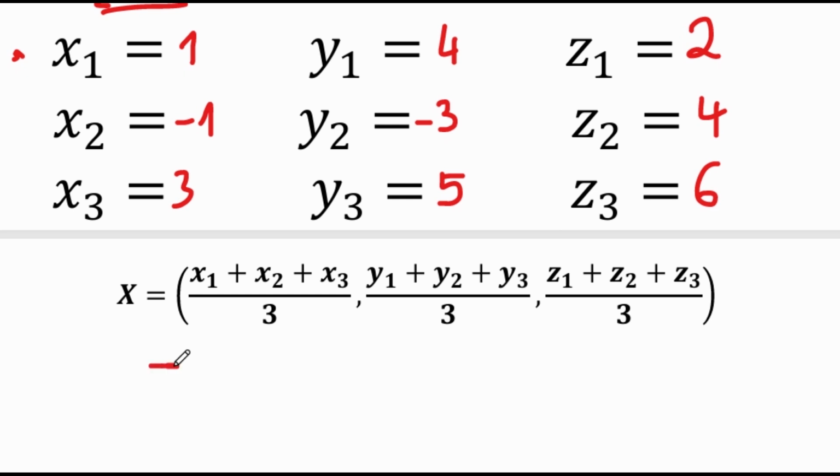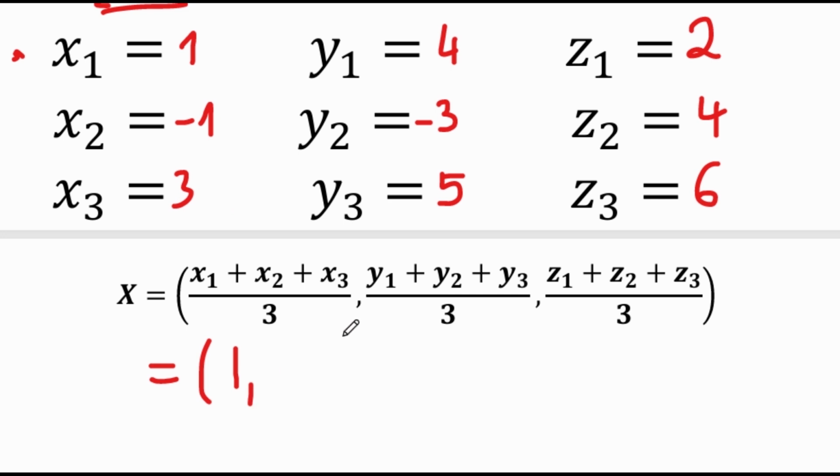So x is given by x1 plus x2 plus x3 over 3. As you can see, x1 equals 1, x2 equals minus 1, and x3 equals 3. We take 1 plus minus 1 plus 3. This is equal to 3, and 3 over 3 equals 1.